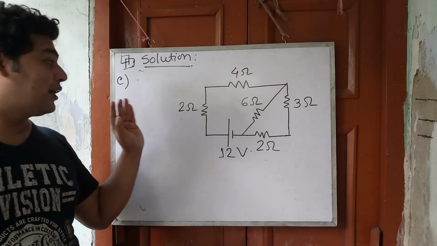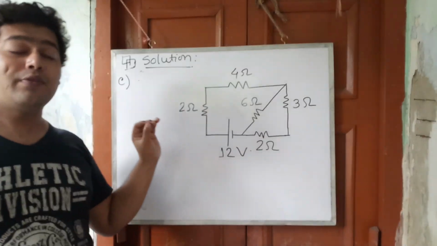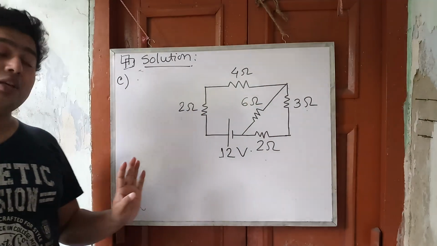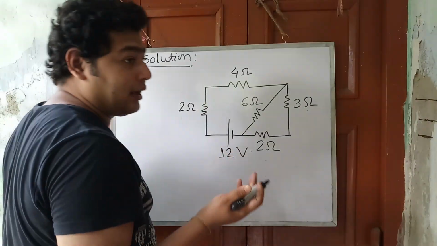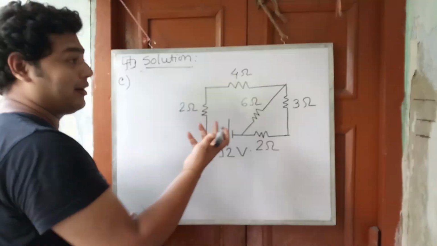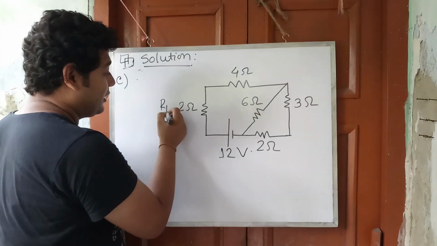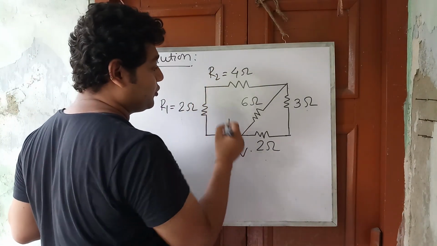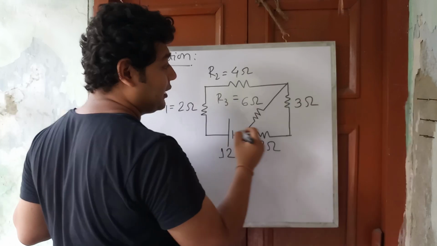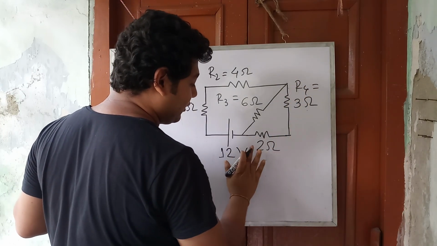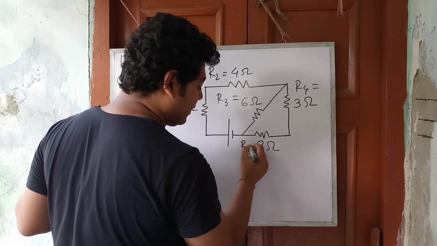For calculating it, first of all we need to name all of these resistances. We can give the symbol or name randomly. We can write this resistance as R1, this resistance R2, this resistance R3, this resistance R4, and this resistance R5.